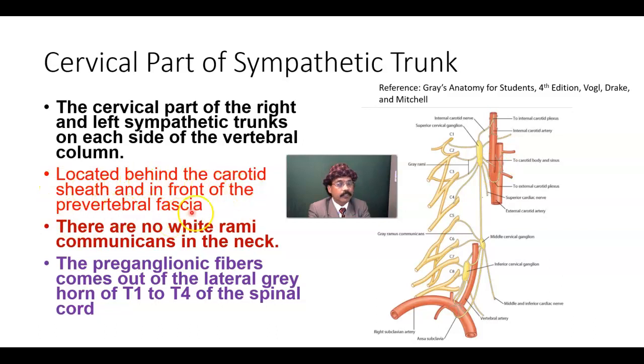It is located behind the carotid sheath, in front of the prevertebral fascia. There are no white rami communicantes in the neck, but we have gray rami communicantes. The preganglionic fibers come out of the lateral gray horn of T1 to T4 of the spinal cord, maybe from T5 also.